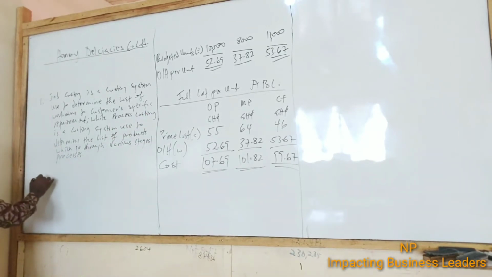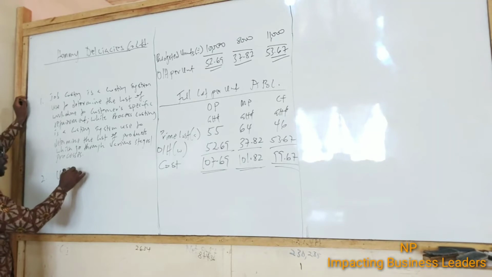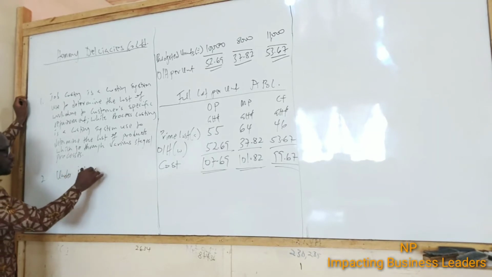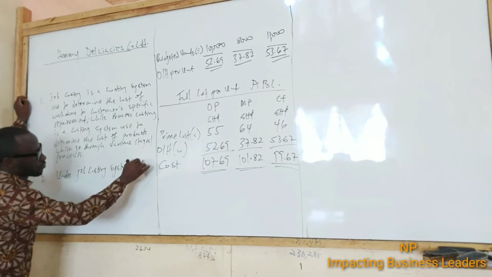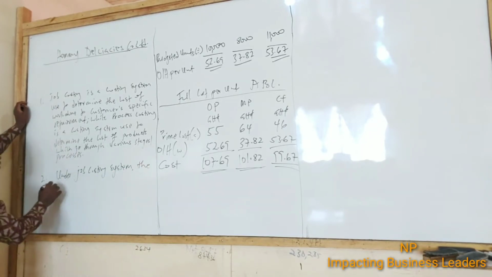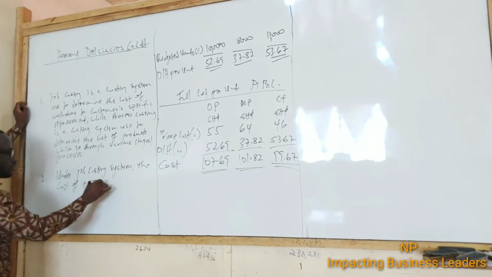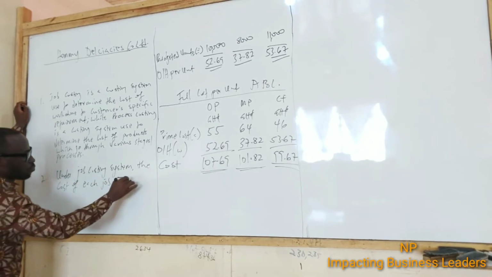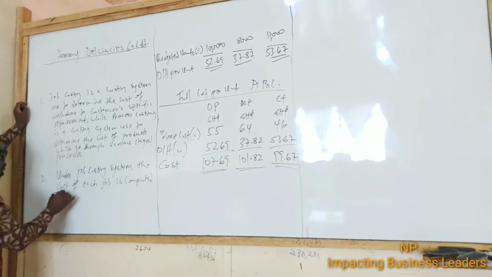Then another thing we could say is that under job costing system, the cost of each job is computed differently.